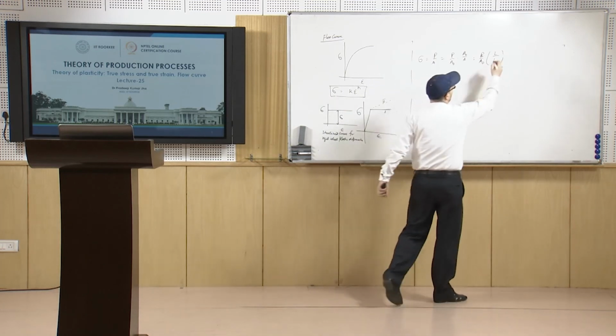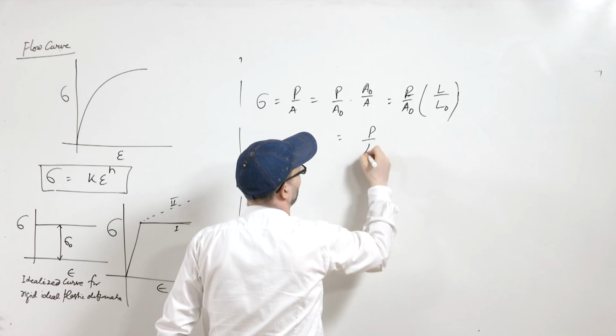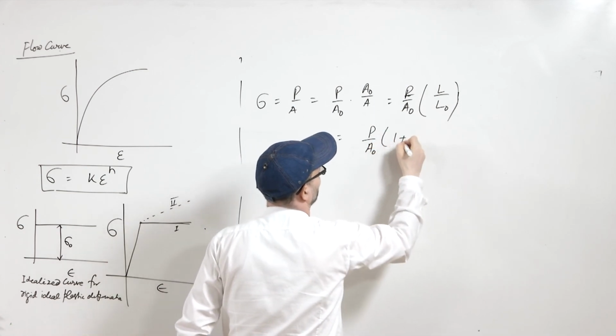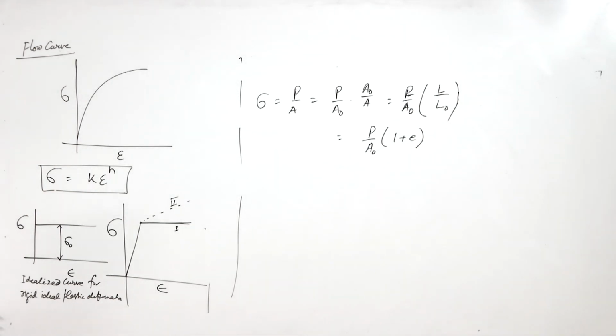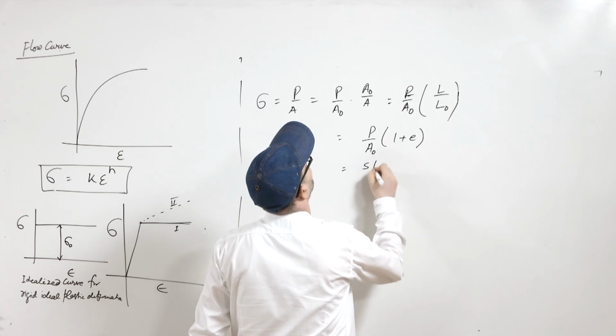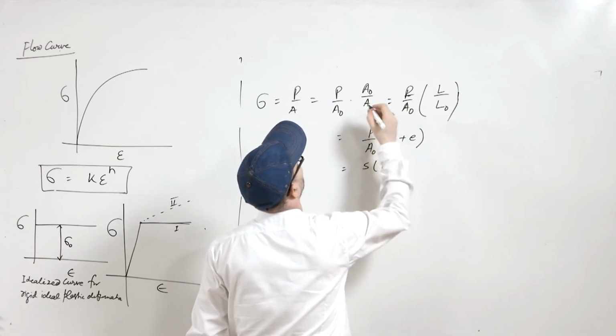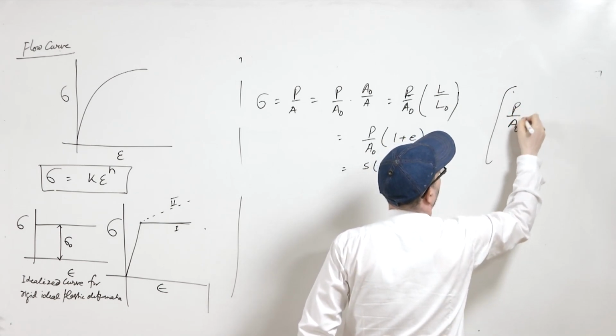Once you have that, we earlier discussed that you can have P by A naught into 1 plus e, and P by A naught is S, the engineering stress, so sigma equals S into 1 plus e.